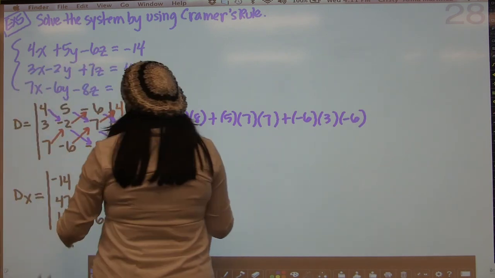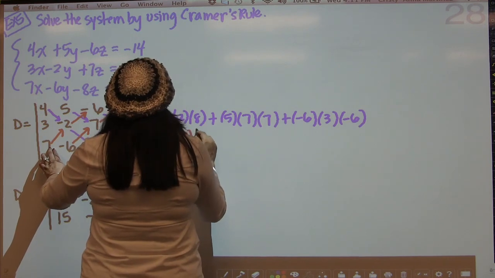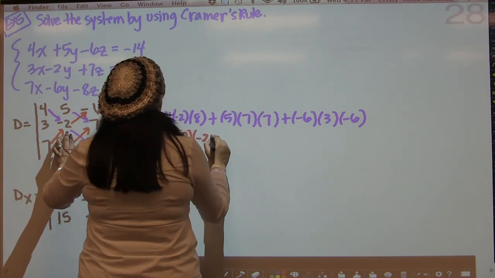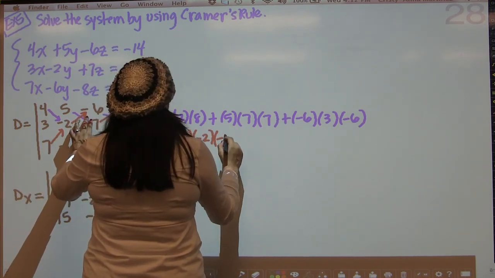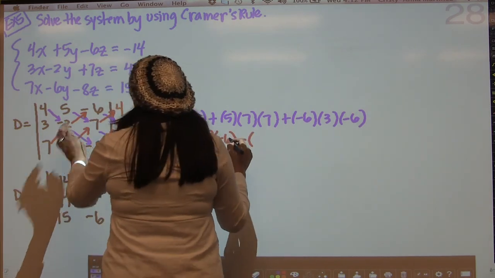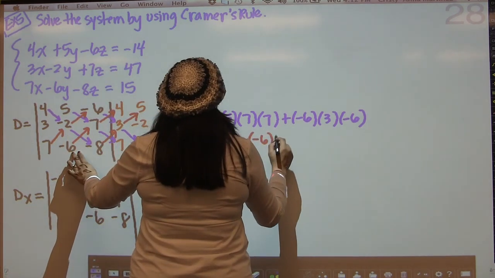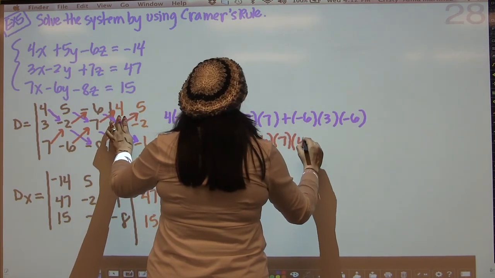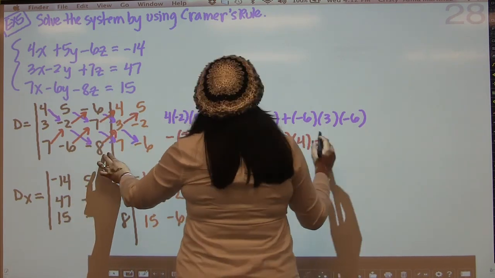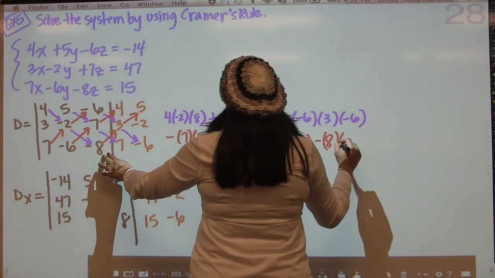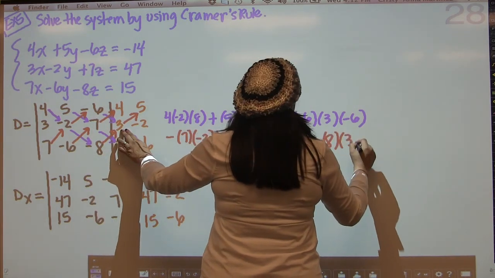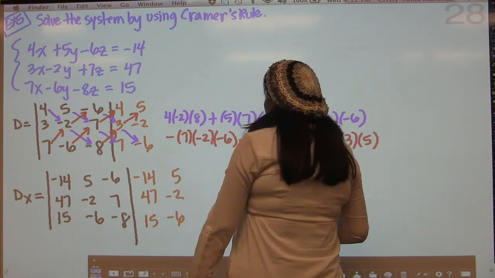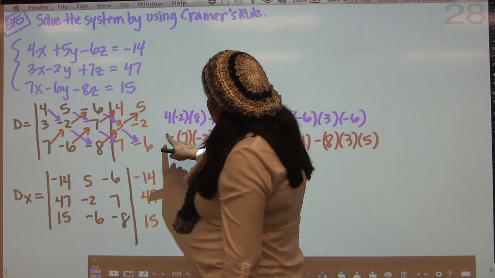So I'm going to go minus 7 times negative 2 times negative 6, minus negative 6 times 7 times 4, and minus 8 times 3 times 5. It's very important that you make sure that you have all your numbers right.